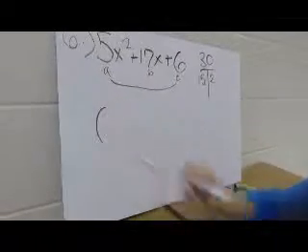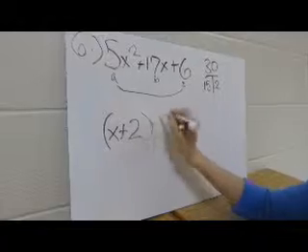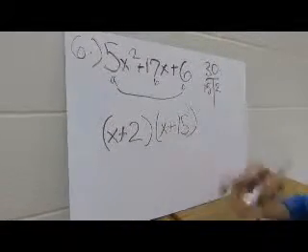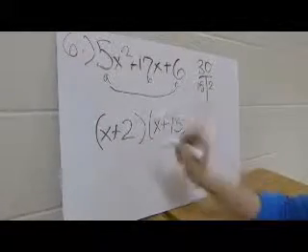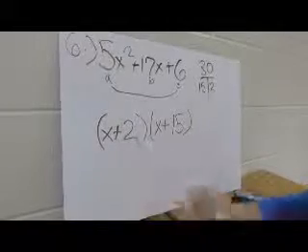You're just going to write it out like x plus 2 and x plus 15. And then you're going to want to divide it out by the A term, which is 5.